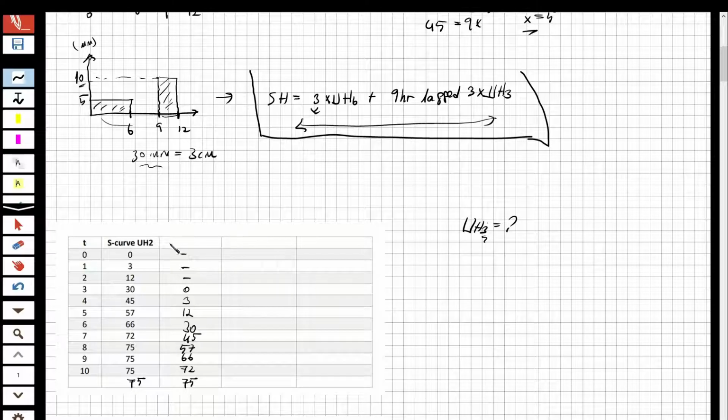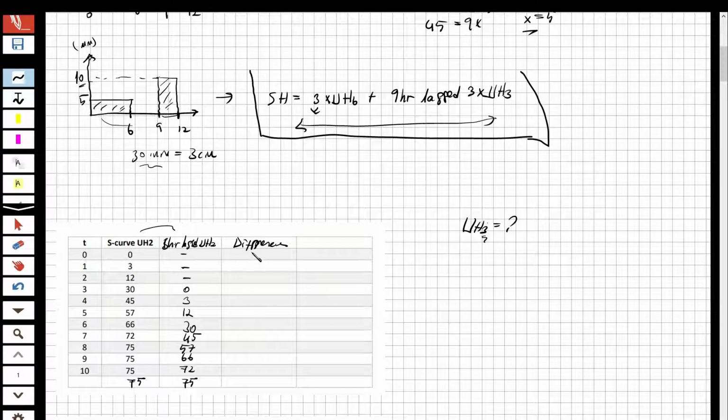So now this is 3-hour lagged unit hydrograph 2, okay, unit hydrograph 2. So now this is 3-hour lagged unit hydrograph 2, and I'm going to take the differences, both of these, okay, the difference.